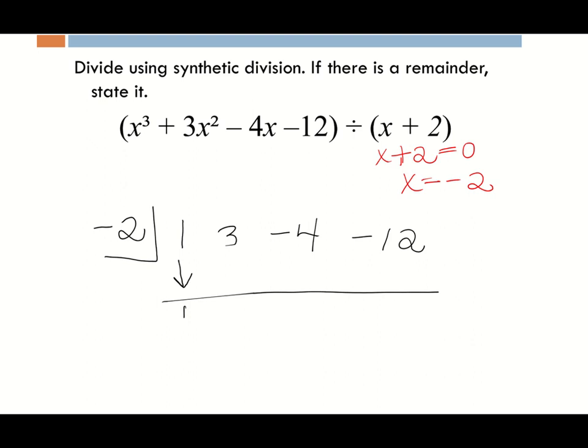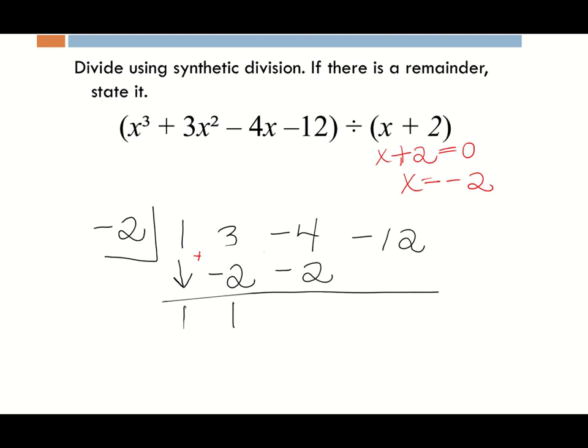I'm going to take 1 and I'm going to multiply it by negative 2. So 1 times negative 2 is negative 2. I'm going to bring that up here. Now I'm going to add these together. So 3 plus negative 2 is 1. Now I'm going to multiply. Negative 2 times 1 is negative 2.